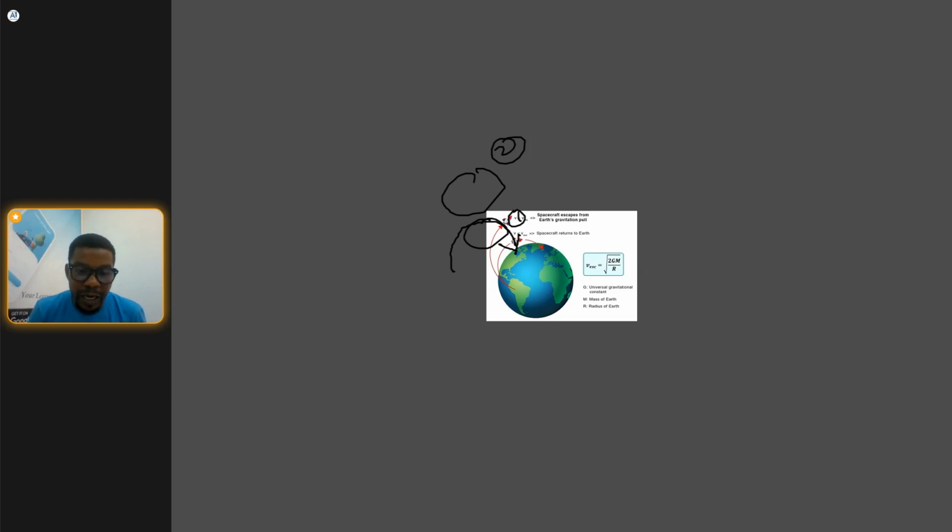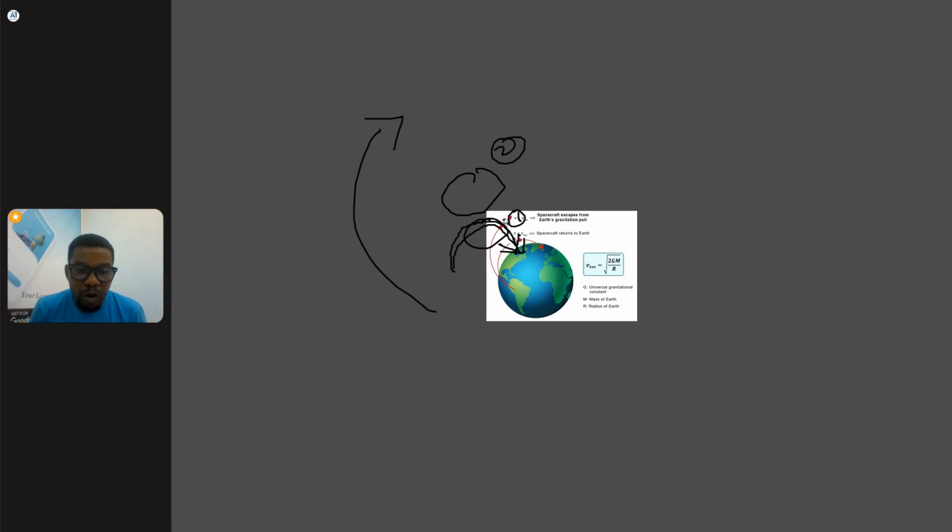The first satellite, labeled as one, has to come back to the surface of the Earth because it was unable to escape the gravity. But the one labeled as two, you can see, has left the surface of the Earth.